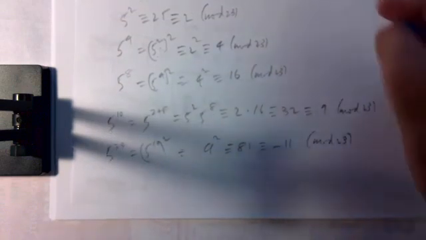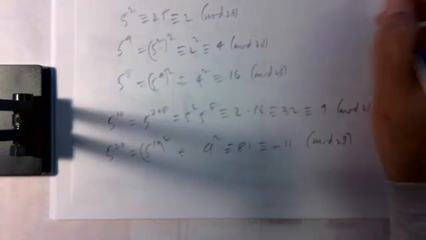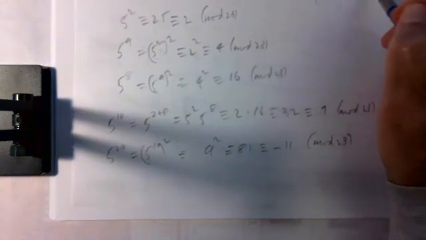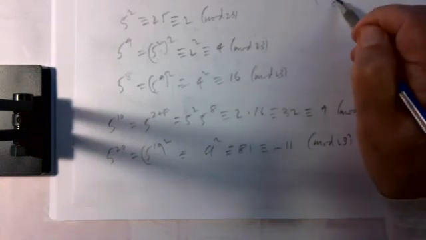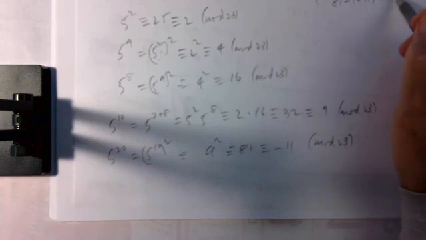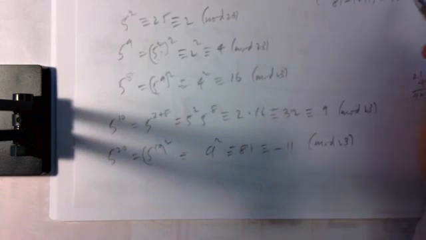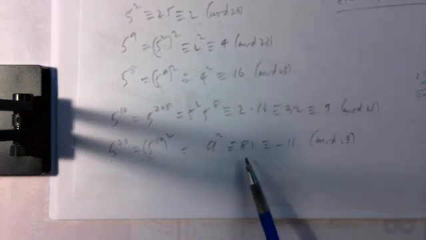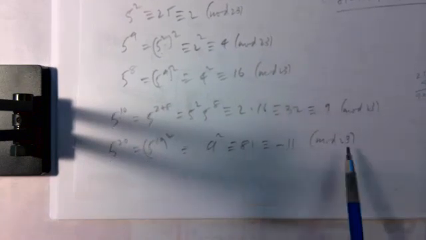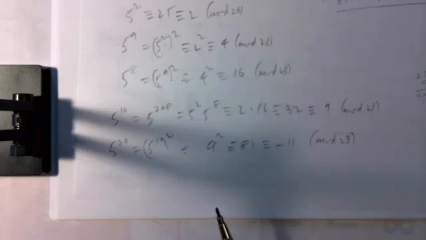That is, 81 congruent to minus 11 mod 23 means that 81 minus 11, which is 92, is divisible by 23, and in fact it's 23 times 4. So 81 is congruent to minus 11 mod 23.